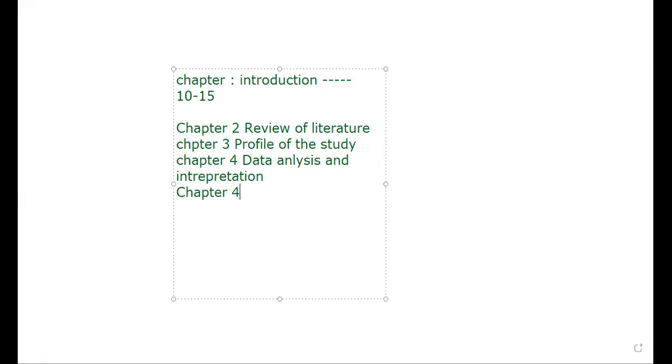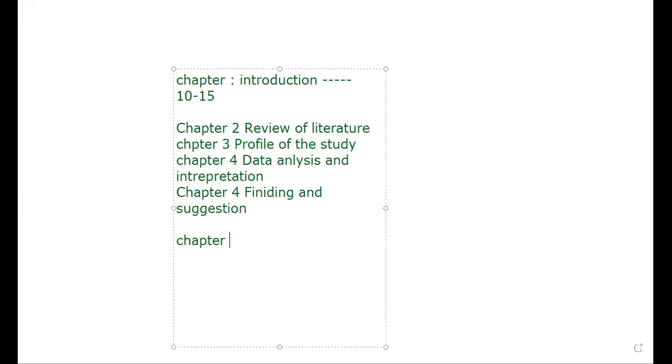After data analysis is done, what comes next? Findings and suggestions. You never give a recommendation; recommendation is not applicable to you. Suggestions, chapter number 5, that is findings and conclusion.